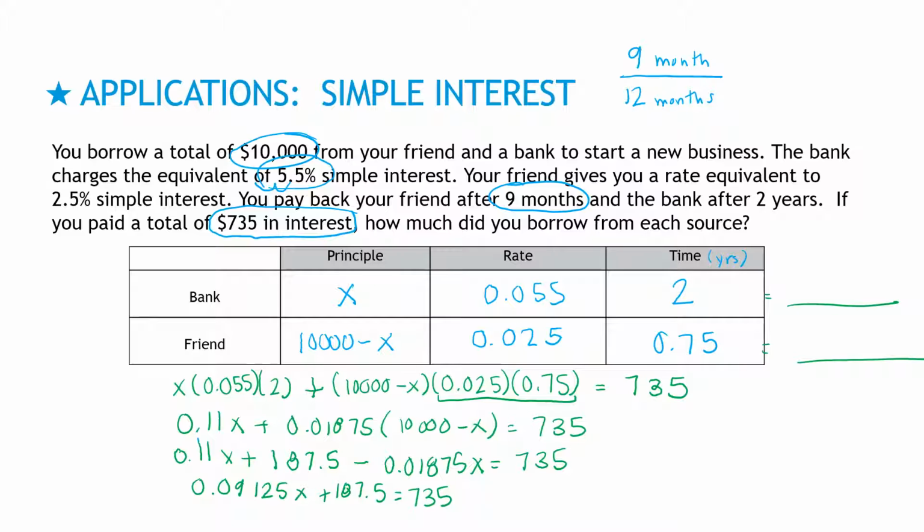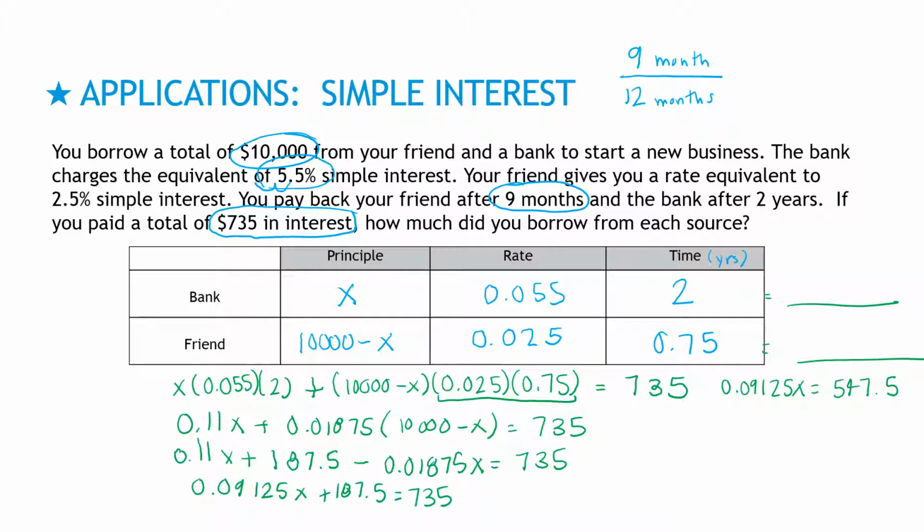Let's subtract the 735 minus 187.5. So my new equation, running out of room here, is 0.09125x equals 547.5.